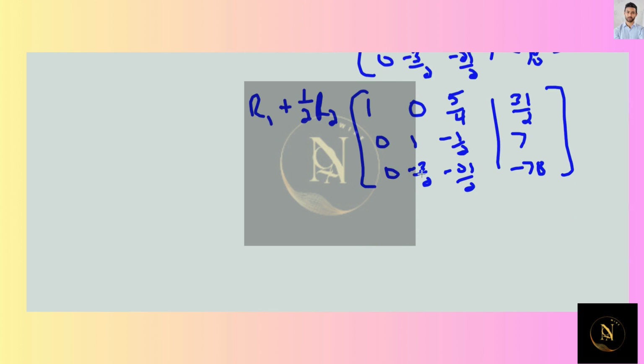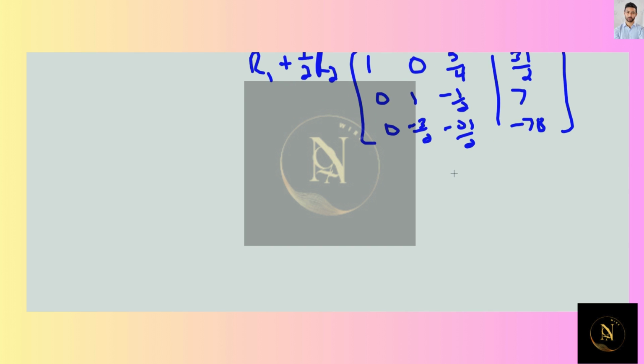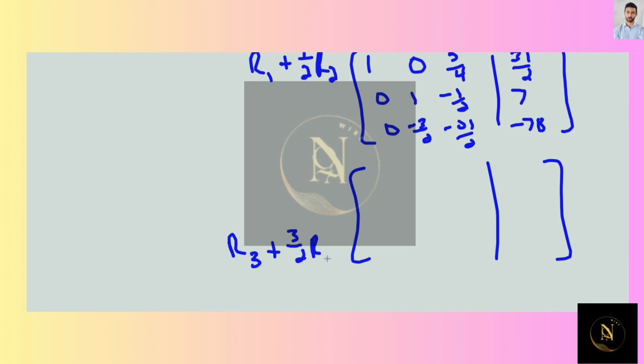Now let's get a 0 in row 3, column 2 by taking row 3 and adding 3 halves of row 1.